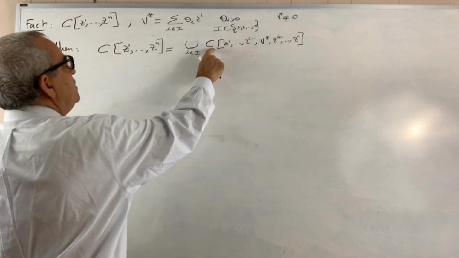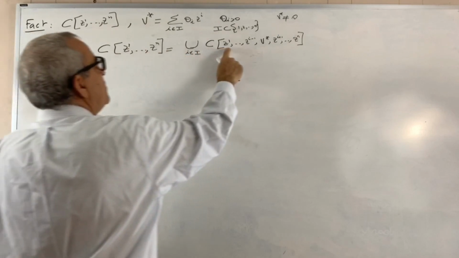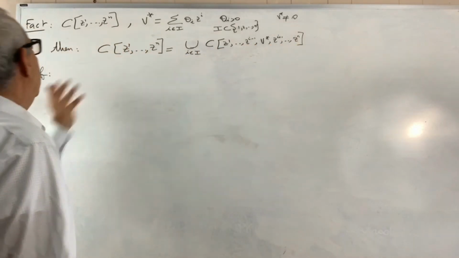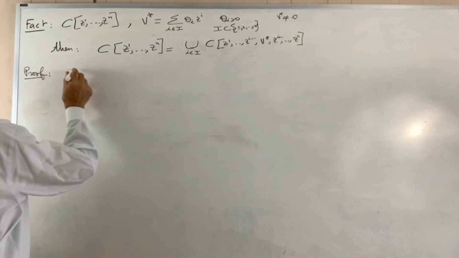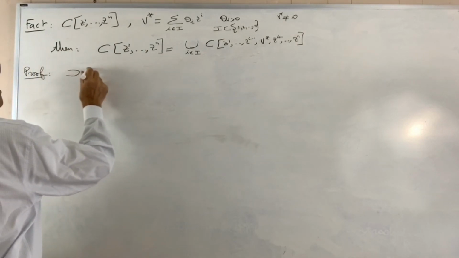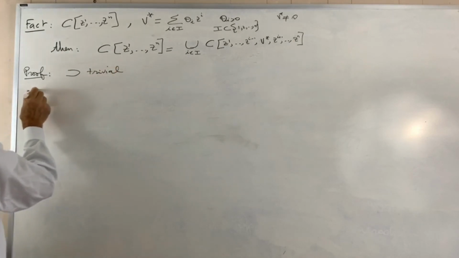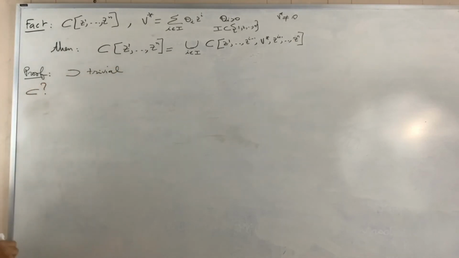Why? Each cone of this is inside this, because every element defining the cone belongs to C. So the inclusion this way is trivial. So let's prove the other direction.